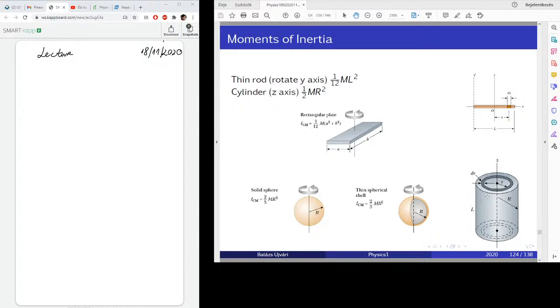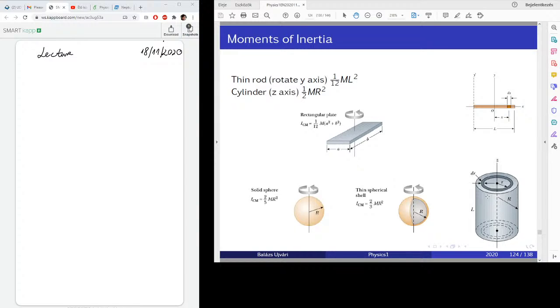Its radius is 0.2 meter. Its angular velocity is, let's say, 10 per second, which is more like 1.5 full rotations every second, so it's not that fast a rotation.